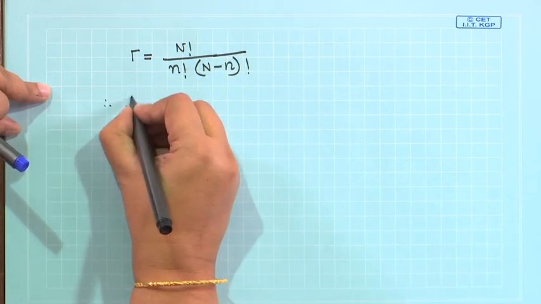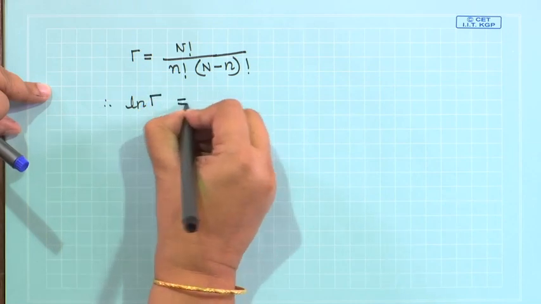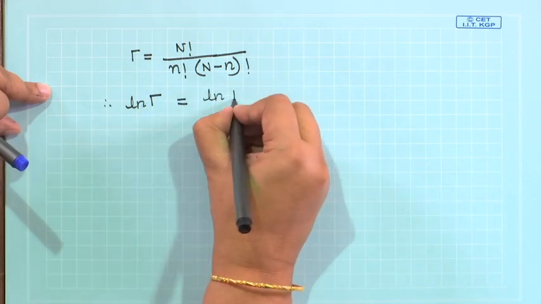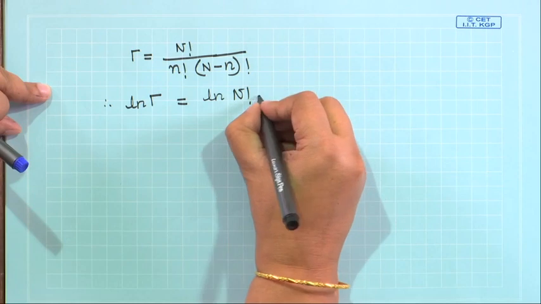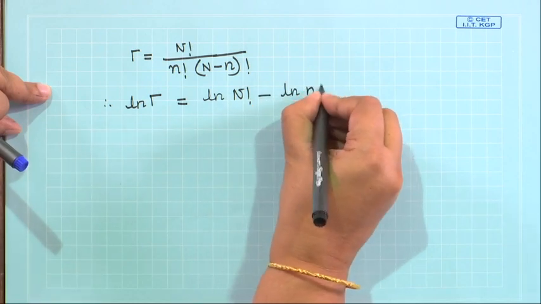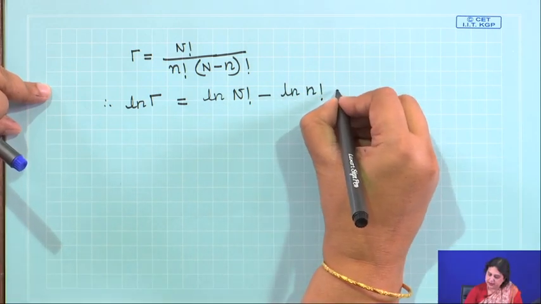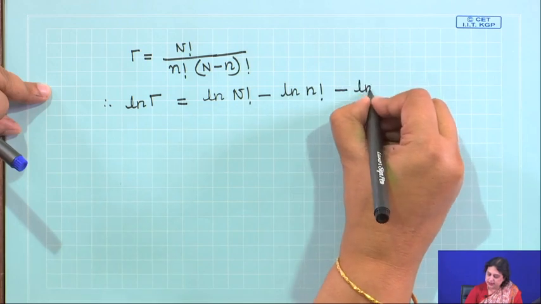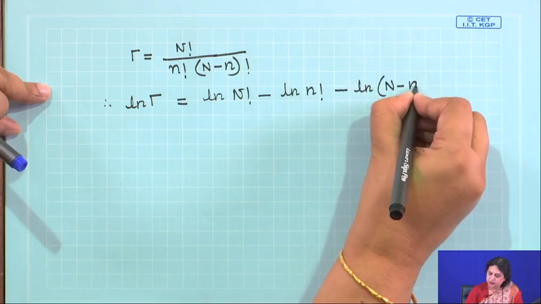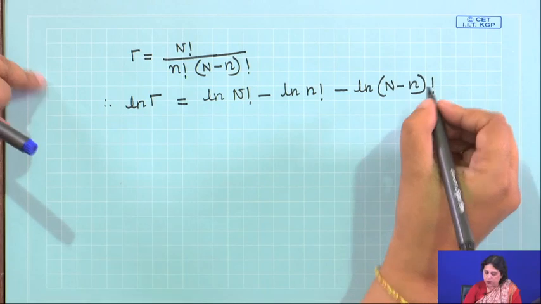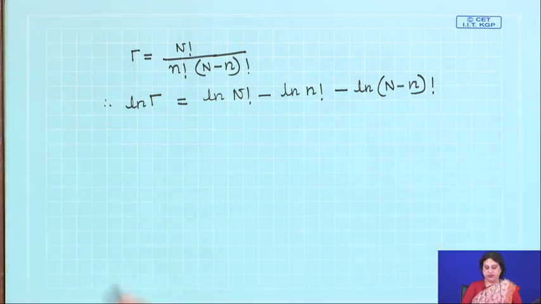So, what is ln gamma? Ln gamma is equal to ln capital N factorial minus ln small n factorial, then minus ln capital N minus small n factorial. Now, I am going to use the Stirling approximation.